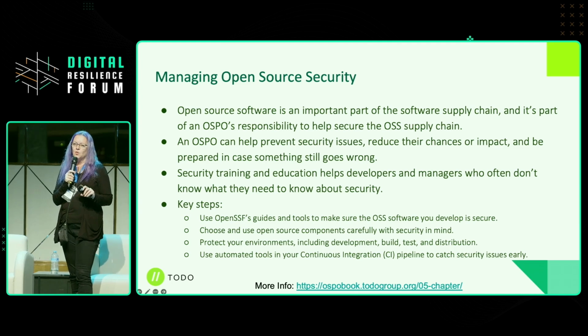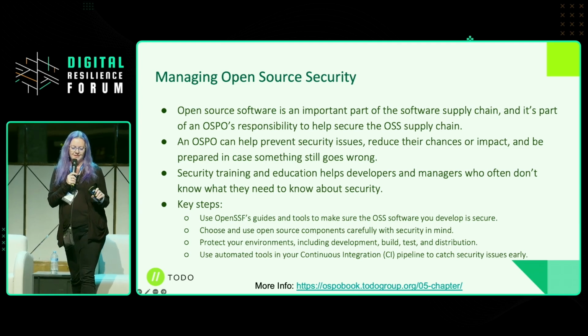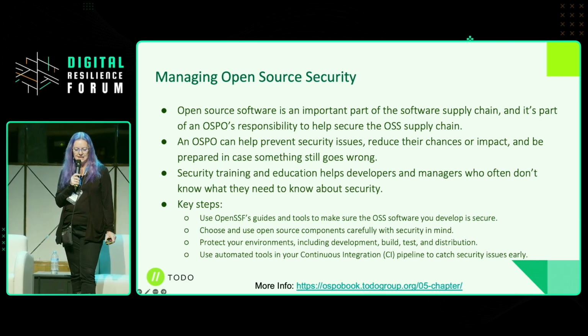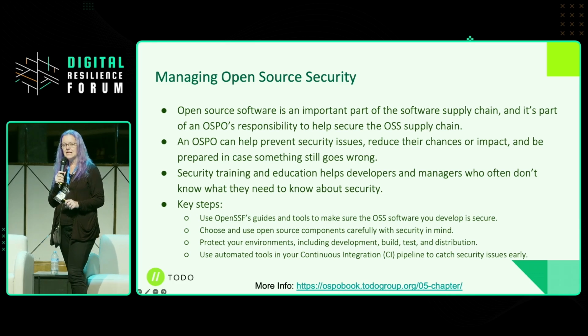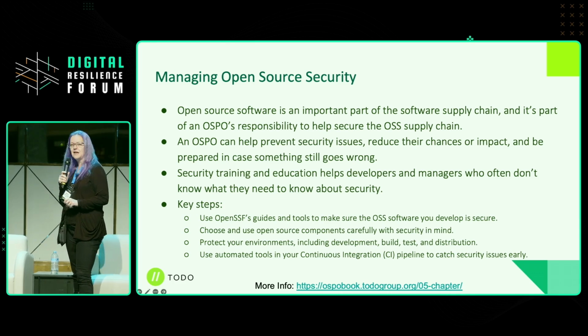And then when it comes to choosing which open source components to use, you can do this carefully with security in mind. Too often, I think developers pull things in without really understanding the security implications of that library that they just included in one of your products or in your infrastructure.